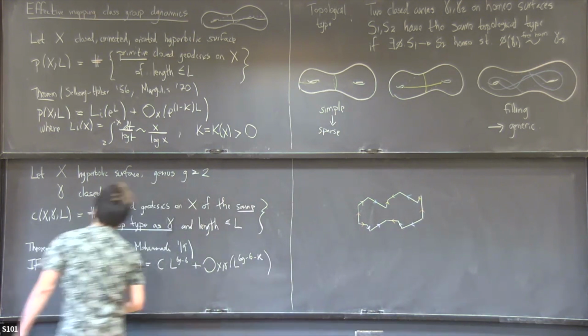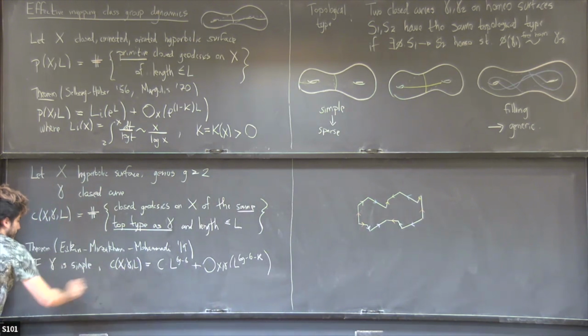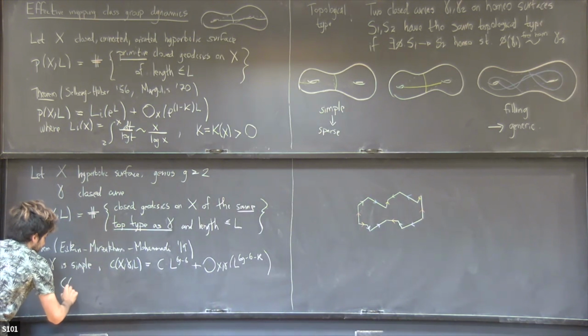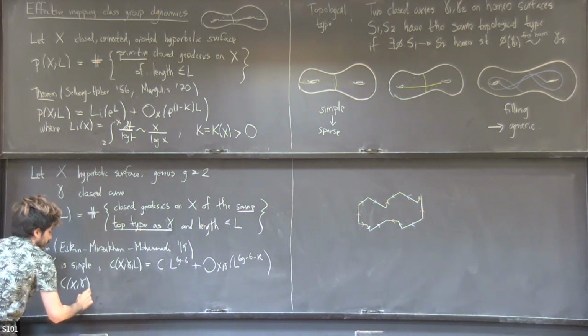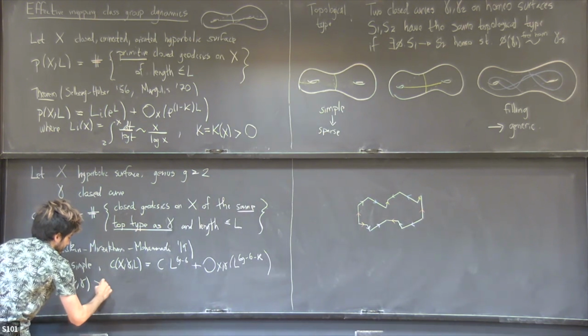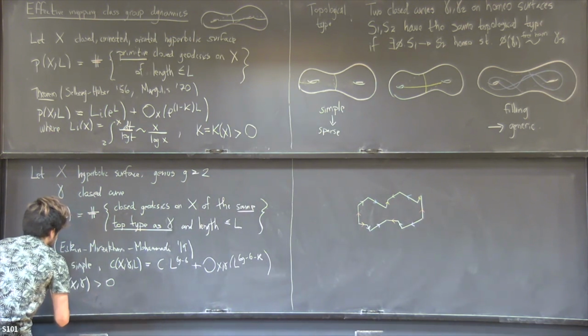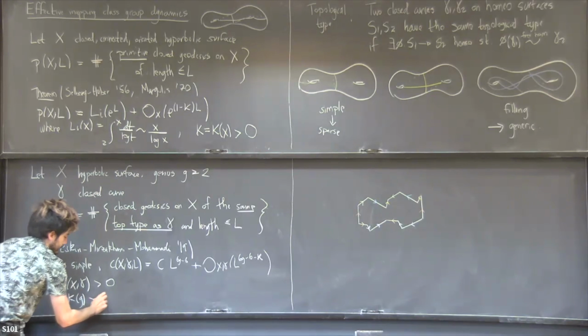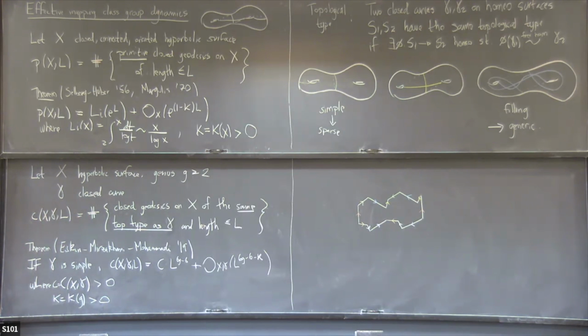And here, let me just tell you what C and kappa are. C is just a positive constant depending on the data, the surface and the type that you care about. And kappa is a constant that sort of magically only depends on the genus.